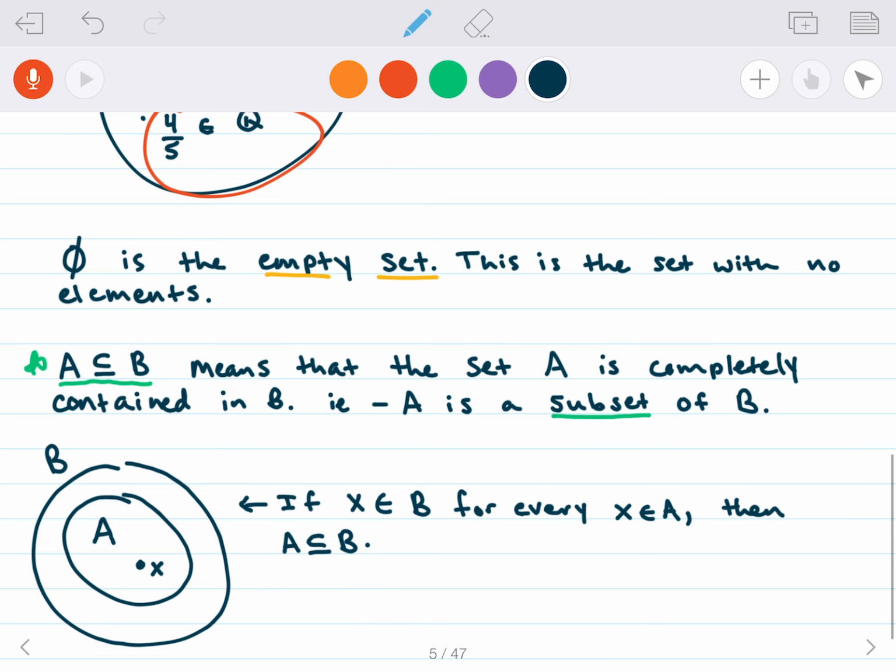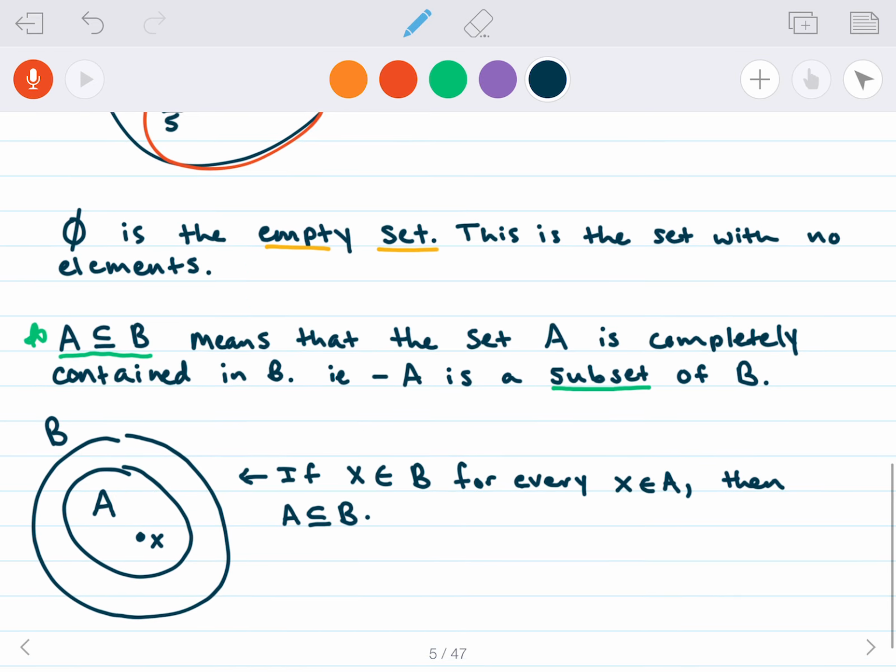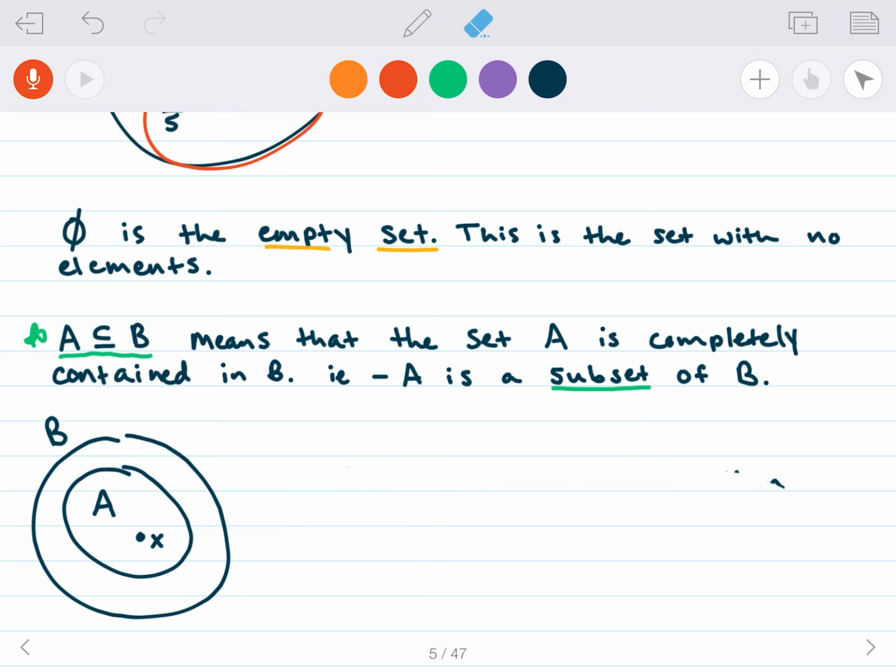Another way to express this idea that the set A is completely contained in the set B is the following. Maybe I'm going to write this differently. That's not a great way to write this. Let's write it again.